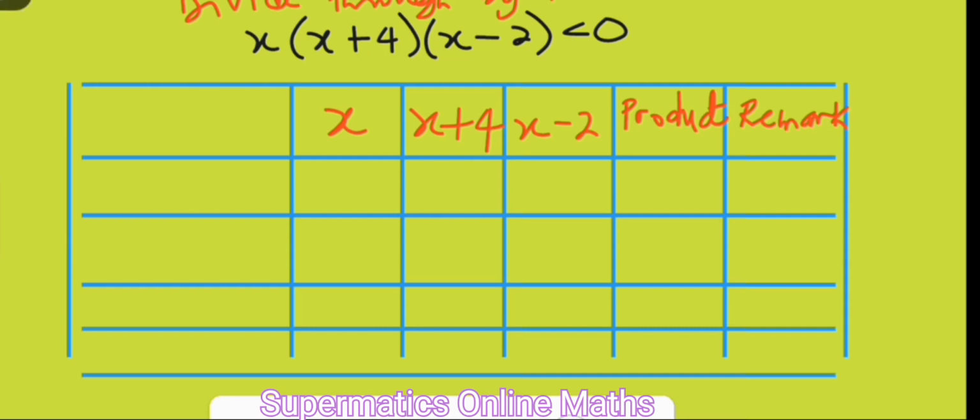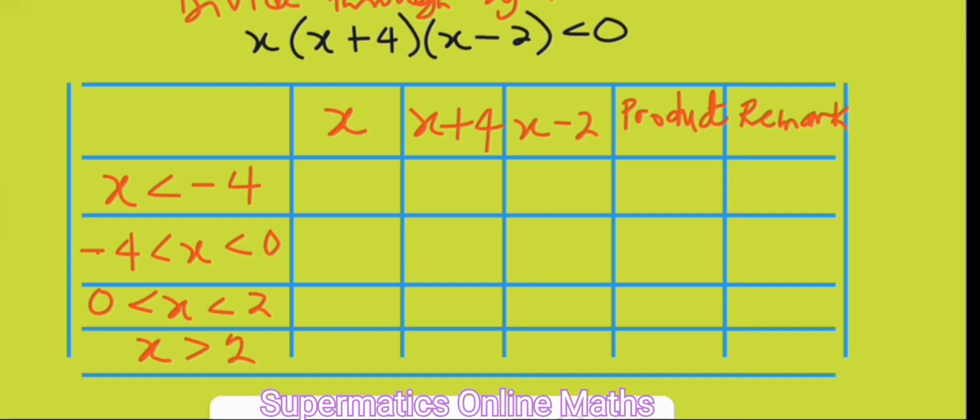And because of that, being an inequality, we'll be considering values x less than minus 4. We'll consider x lying between negative 4 and 0. We will consider x lying between 0 and 2, and we consider situations where x is greater than 2.